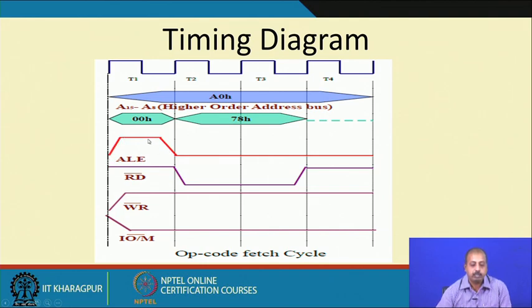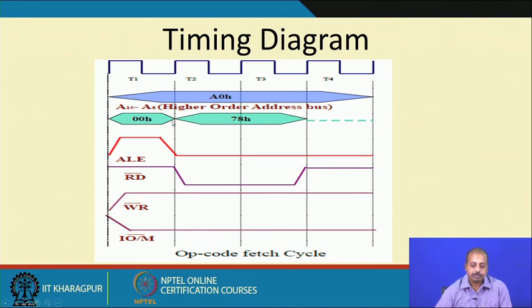As you remember, there is a latch connected. So, this lower order address bus value 00 will be latched onto that external latch via this ALE signal, and this ALE signal is always generated at the T1 clock state. So, at T1, the ALE signal will be generated, and it will be used to latch the value 00 onto the address latch.